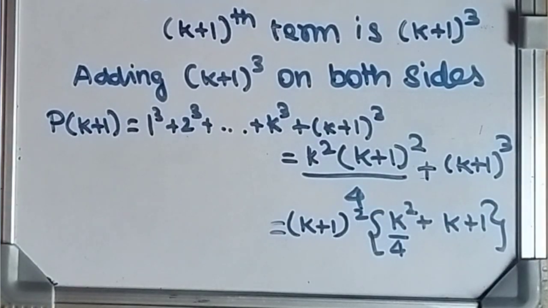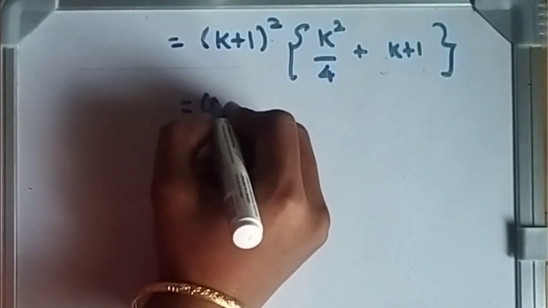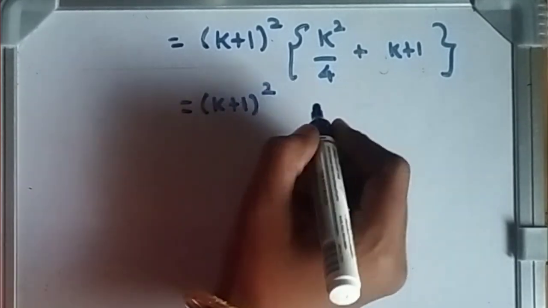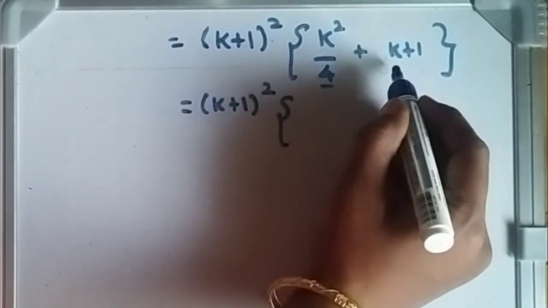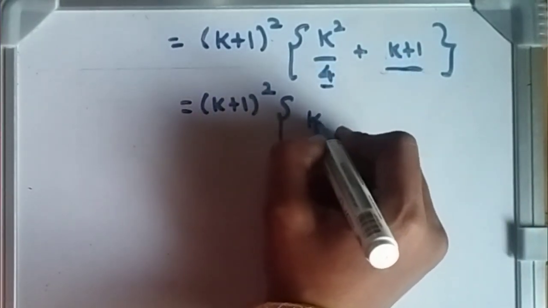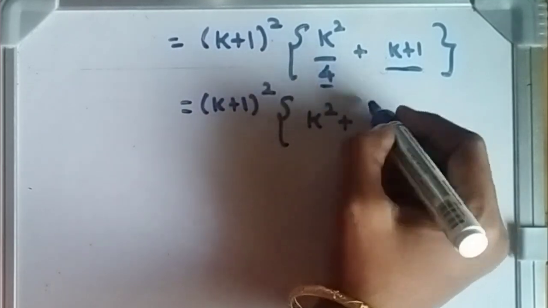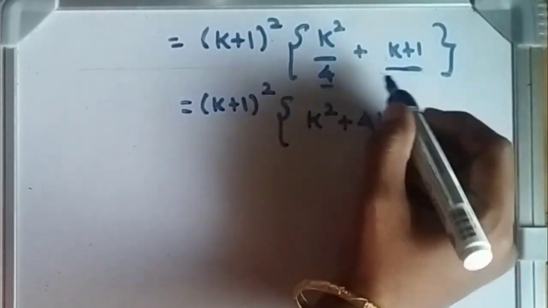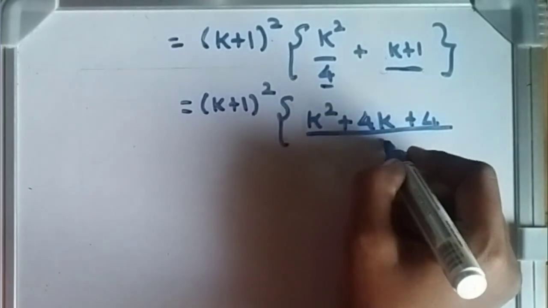Clear? Clear. So now we are going to solve again. I am keeping this k plus 1 the whole square as it is. I am cross multiplying the 4 with this one. So it becomes k squared plus 1 k multiplied by 4 will be 4k, plus 1 multiplied by 4 will be 4, divided by 4 in common.